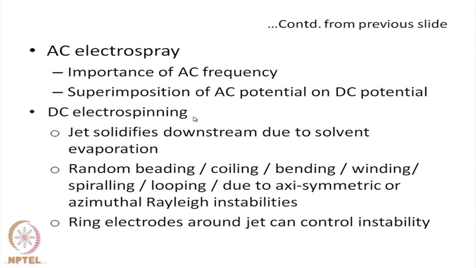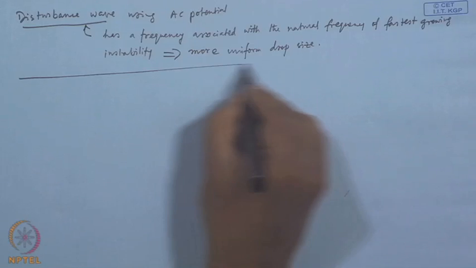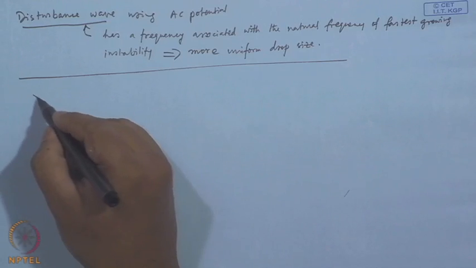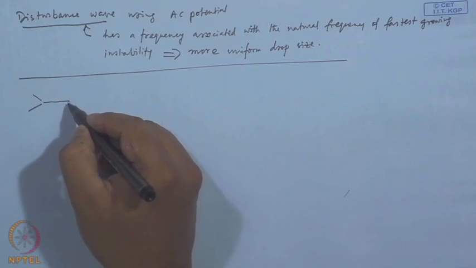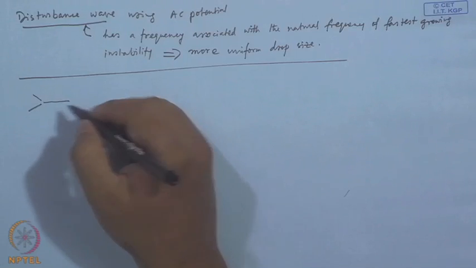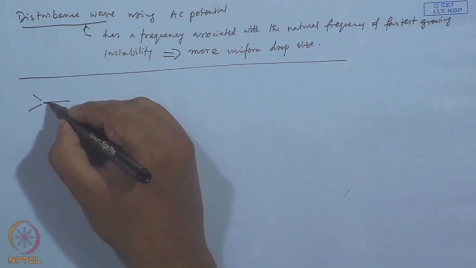Basically, the electrospray that emanates from the tip of the conical meniscus can solidify because of solvent evaporation. So, if the spray that is coming out solidifies because of evaporation, it leaves behind a polymer strand, which is basically a fiber.